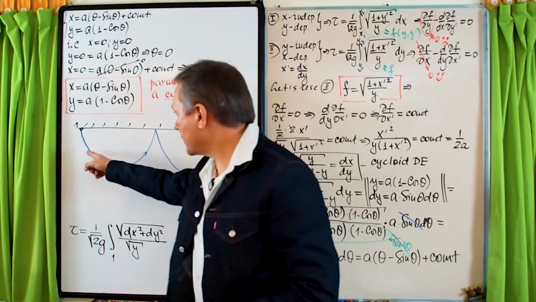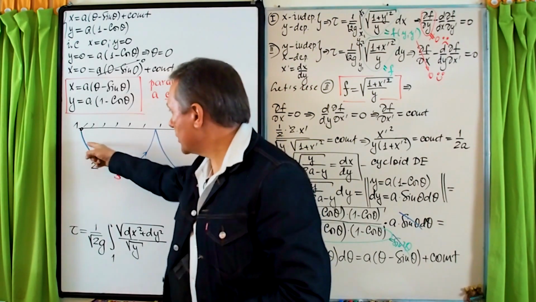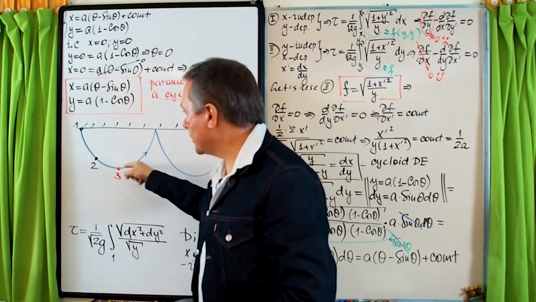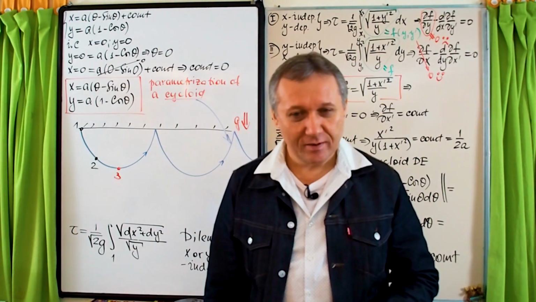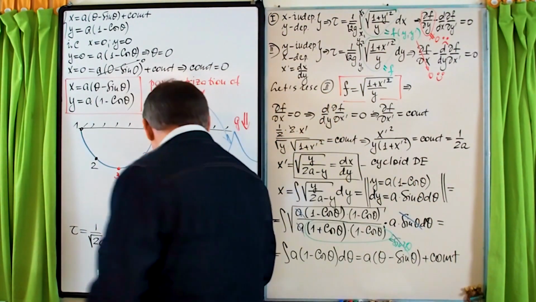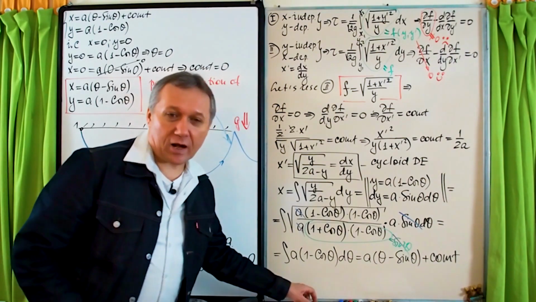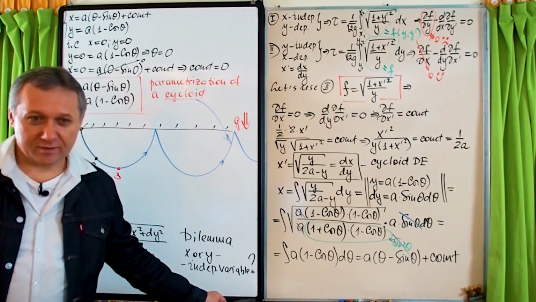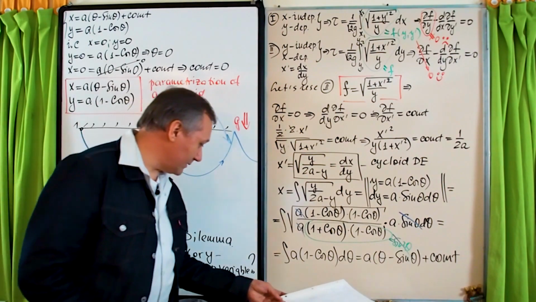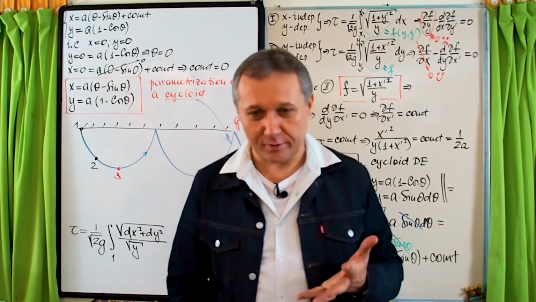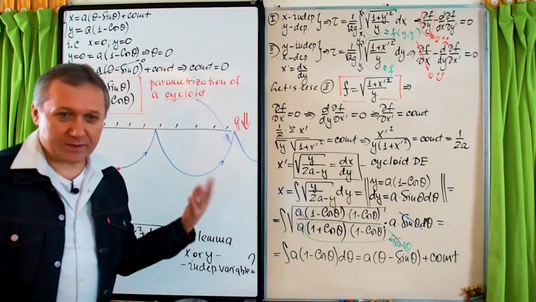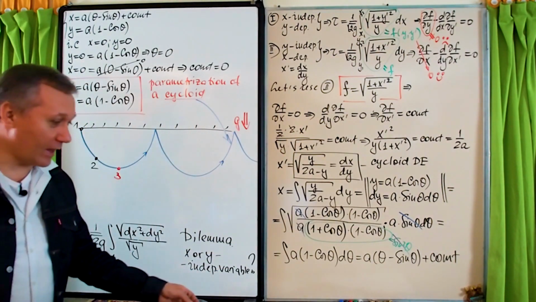So it doesn't matter if it oscillates from this point to that point, or between this point and this point, the period will be the same. So this is truly isochronous, the motion is perfectly isochronous. Basically, it does not depend on the amplitude.